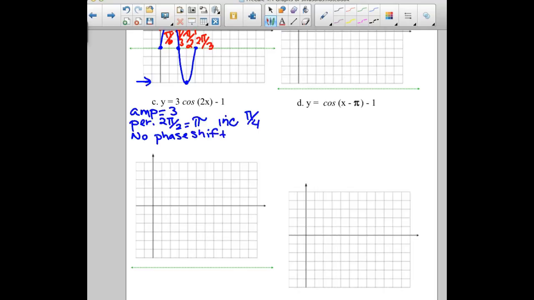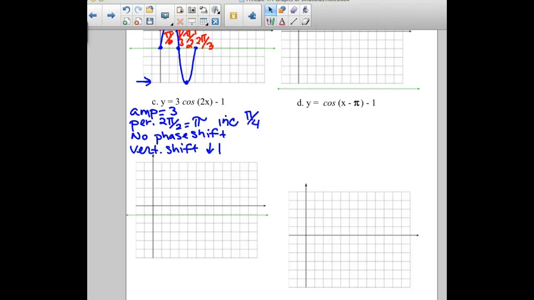Okay. Vertical shift. What have we done? Down 1. Good. All right. Let's go ahead and figure out our range right away. We said our move down is down 1, so we're going to have a dotted line down here at -1. And we need to go 3 up and 3 down from that line.